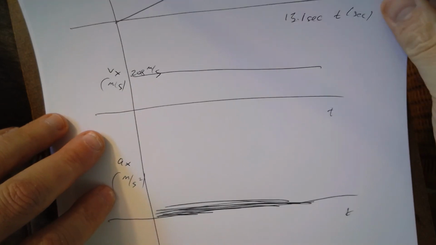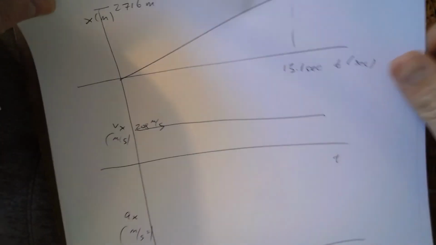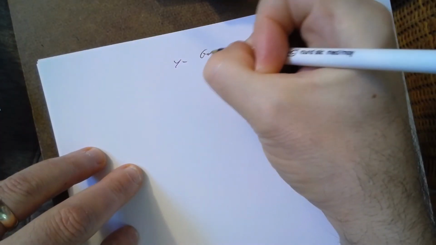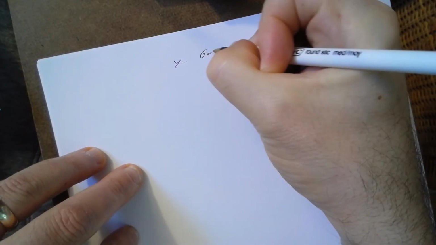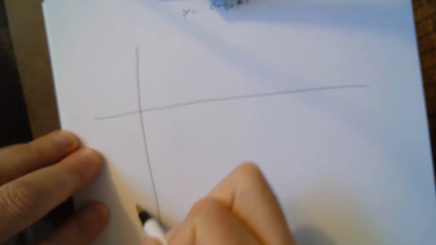For the y graphs, remember, I got to make these consistent with my positive direction that I found on my picture. So be careful about that. I'll have y position, y velocity, y acceleration.